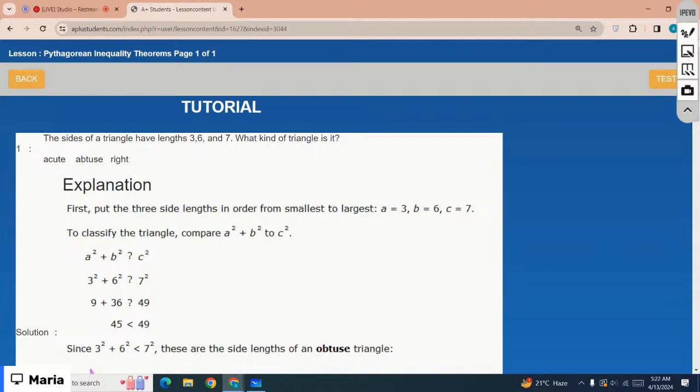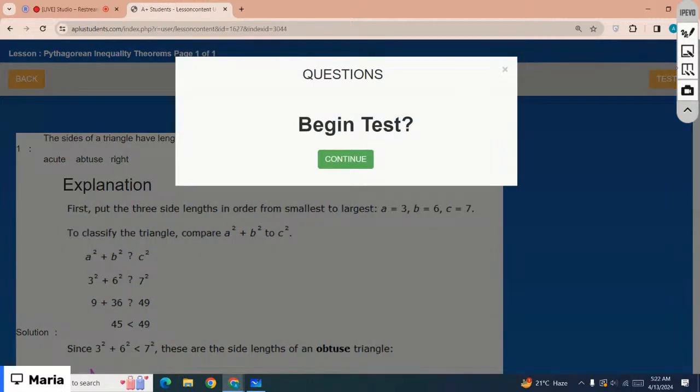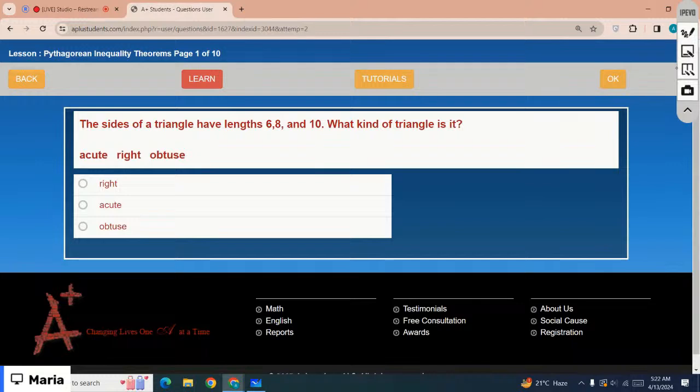Let's just start with the test questions. Okay, what kind of triangle is this?